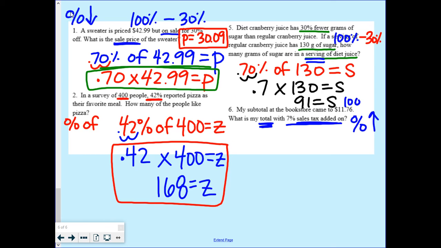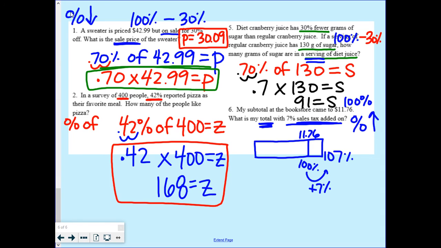$11.76 is 100% of the cost of the book. And I'm going to draw a mini model here. So here's 100% of the cost. The tax would be 7% of that $11.76. So I know I'm adding on 7 more percent. 100% plus 7% will give me 107%.